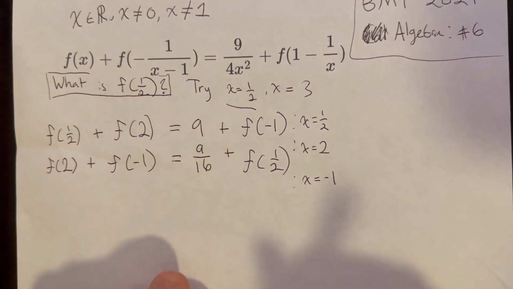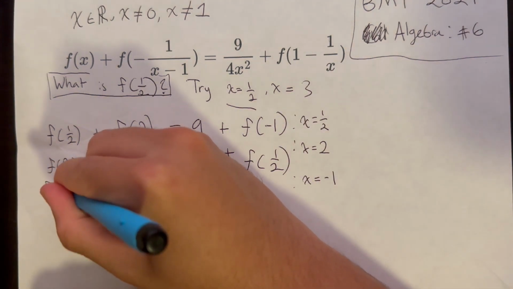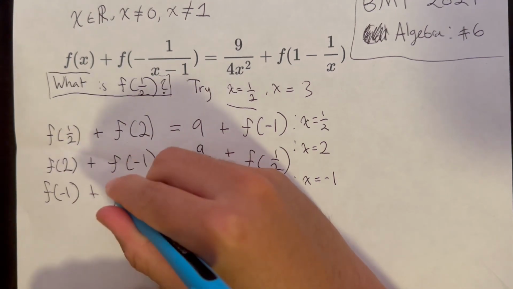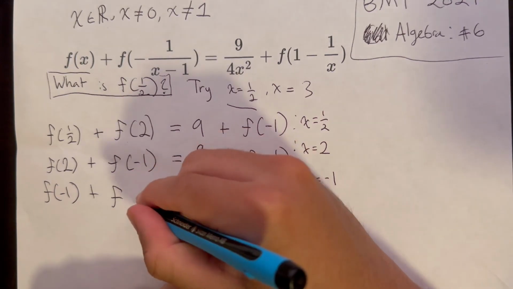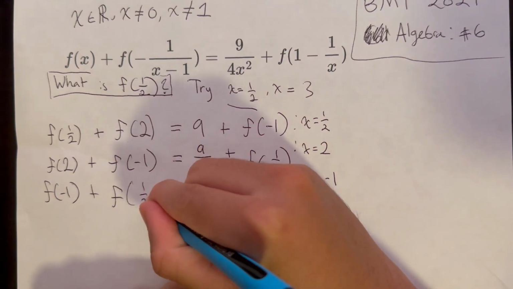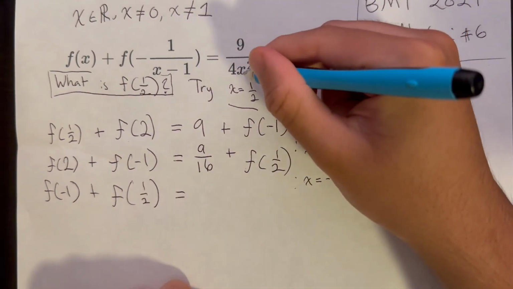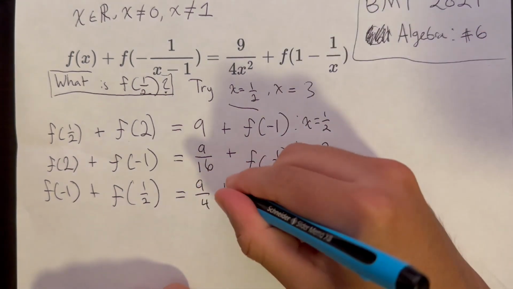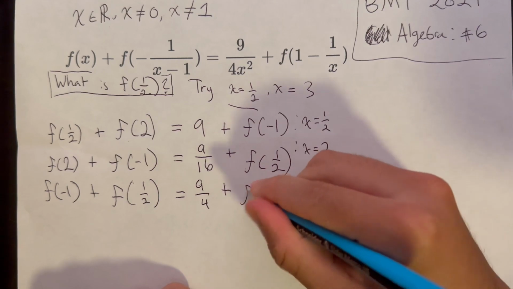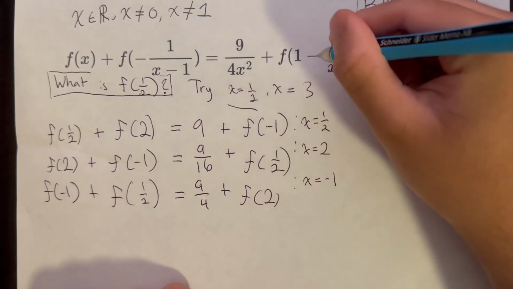And once we try x equals negative 1, we see f of negative 1 plus f of 1 over negative 2 equals f of 1/2 equals negative 1 squared is 1, so you get 9 over 4, plus f of 2, because it's 1 minus negative 1.